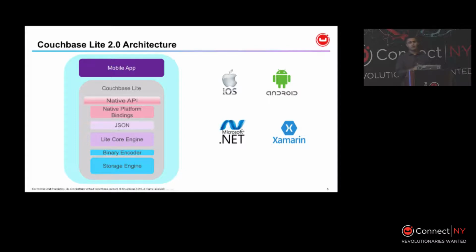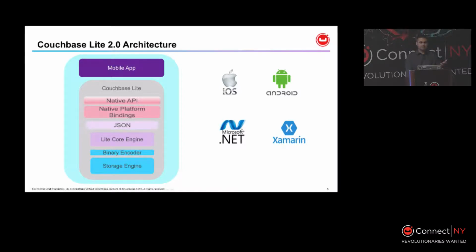Again, before we launched 2.0, we had separate code for each platform. But with 2.0, one of the big things has been simplification, both for us as well as for our customers. So you don't have to worry about whether this bug has been fixed in the Android branch. You don't have to worry about any of that. We have the platform bindings that are available. That's again across platforms.